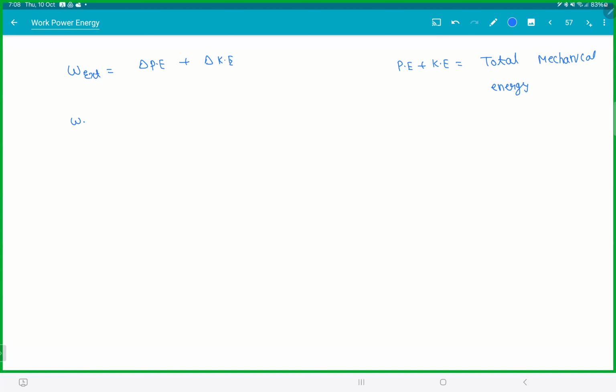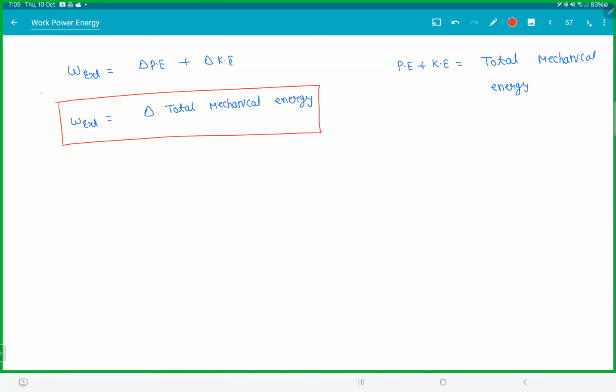So work done by external forces is change in total mechanical energy, or total energy, they'll simply say. This is your third one. I can write all of them together.